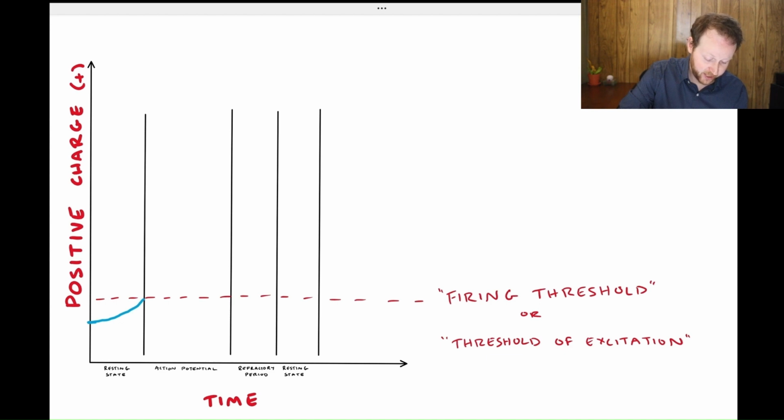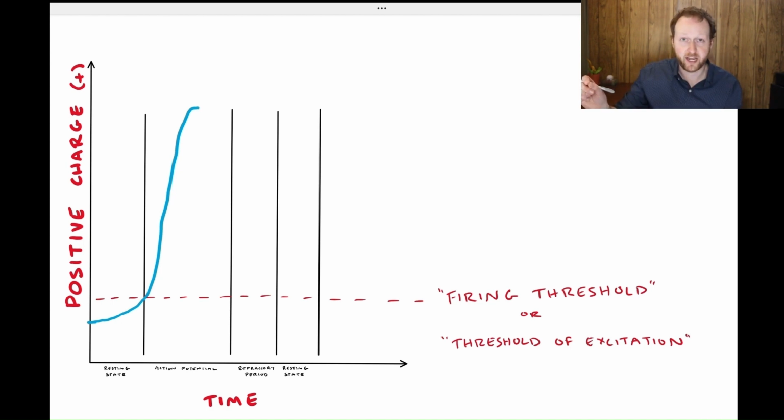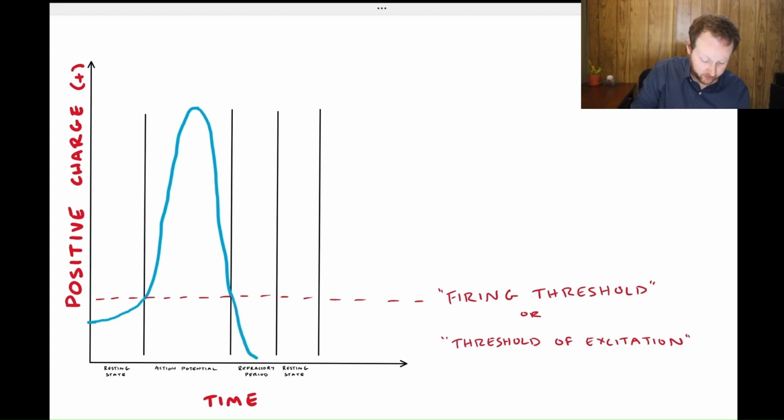And the ion channels at the base of the axon will open up, positively charged ions will rush into the cell, increasing the positive charge of that neuron. Once the action potential has made its way through the axon, however, the ion channels close, the ion pumps move all of those positively charged ions from inside of the cell back out of the cell, and the charge of the neuron decreases again. And in fact, it decreases so much that we actually dip lower than the original negative net charge during its resting state.